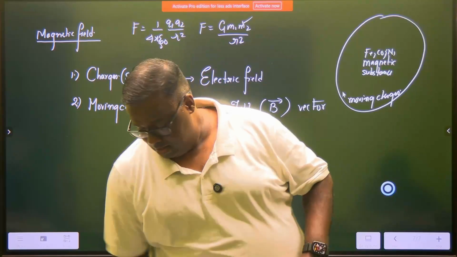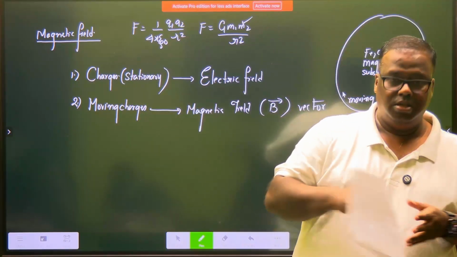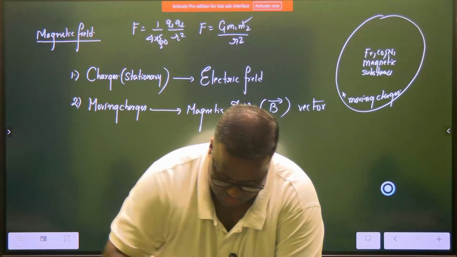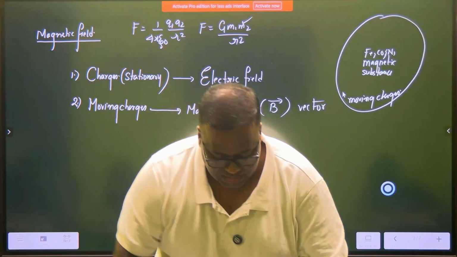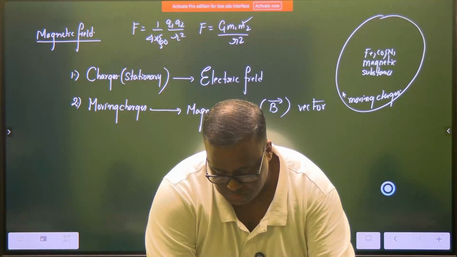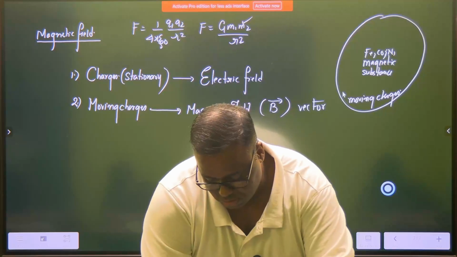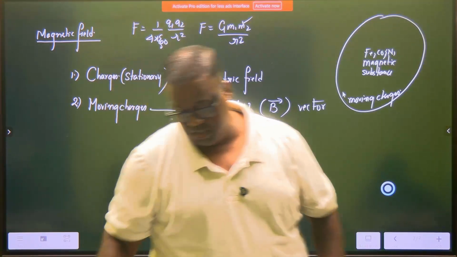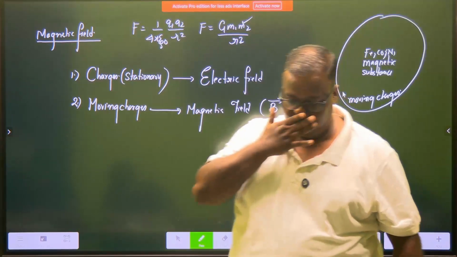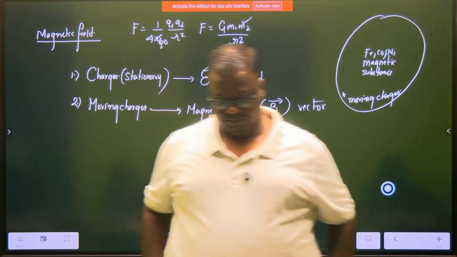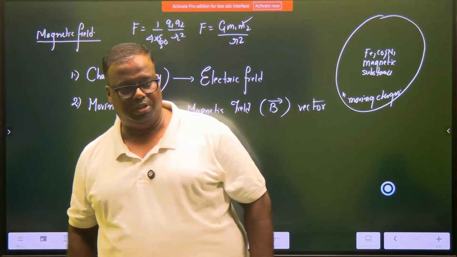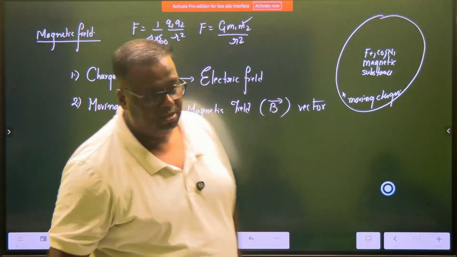Our next point: magnetic field follows superposition principle. So you can write down B net is equal to B1 plus B2 plus B3 and so on, in vector form.